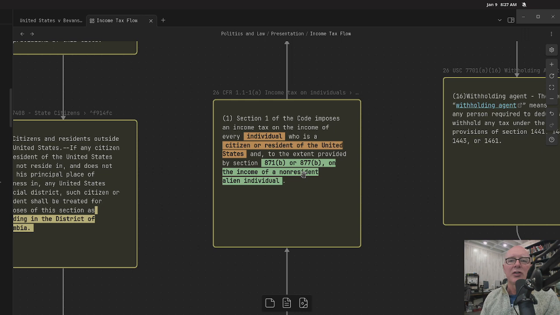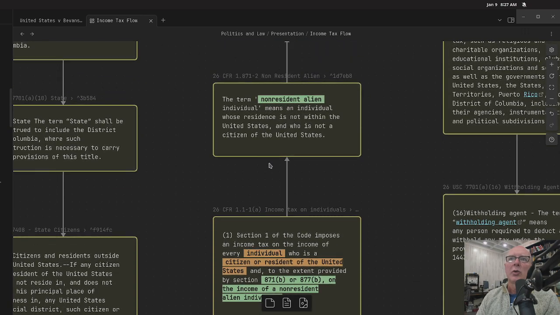Those sections specifically say that non-resident aliens, again, I'm not resident in the District of Columbia, and I am an alien to the District of Columbia. I'm not a citizen. They have to pay taxes on any money that comes from within the United States, and that's what those two sections say. I did not include them in this because they're kind of irrelevant, but if you make money from the federal government, then you do have to pay taxes.